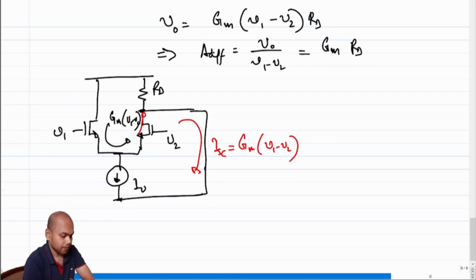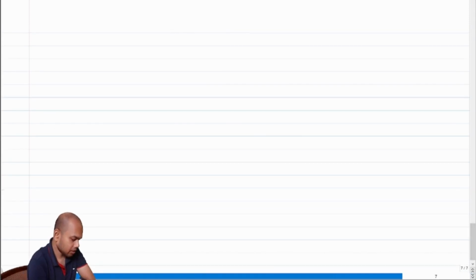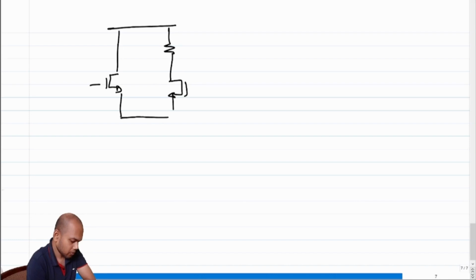What is the output impedance? How do I know what is the output impedance? So this is shorted, this is RD.